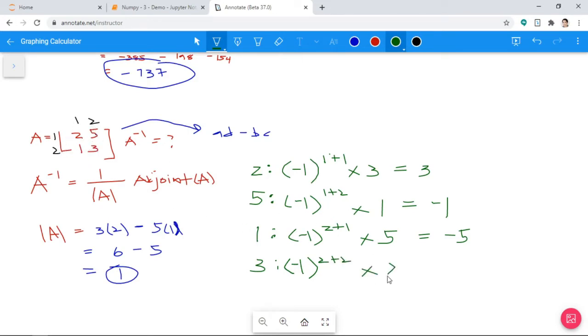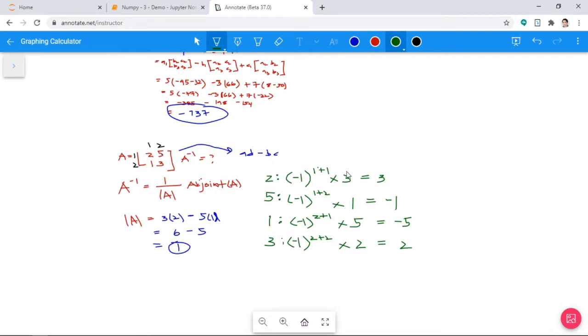So this one is 2. Okay, so this one is equivalent to 2. If we write this down, so let me bring out, we have found the cofactor for this one.